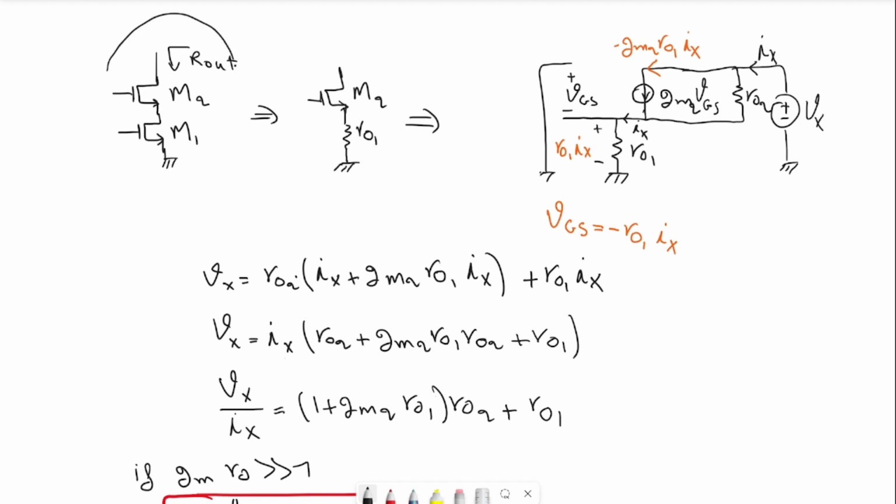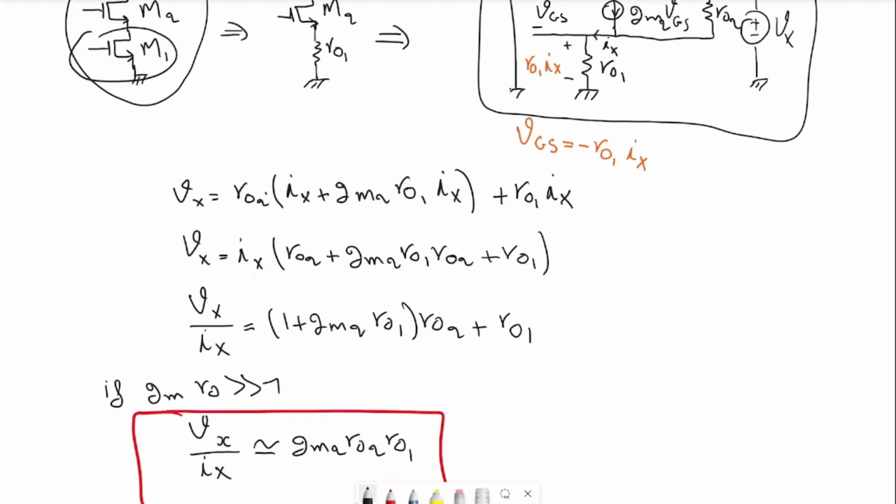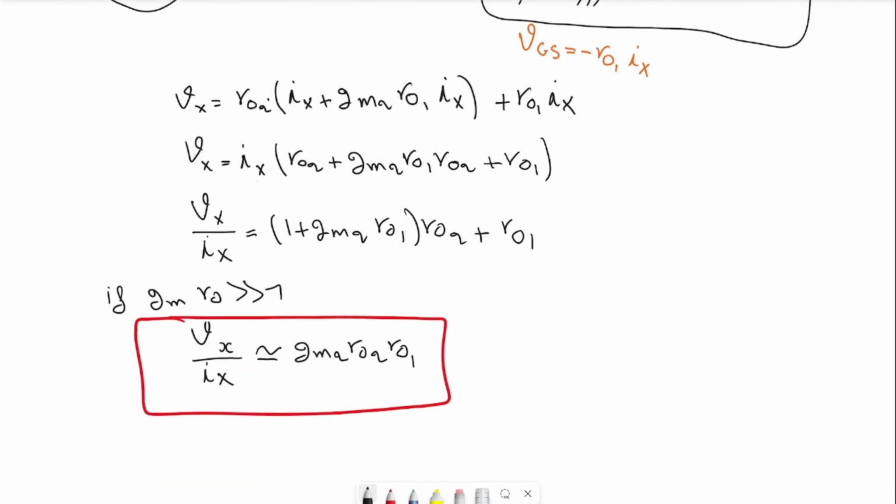If we take this circuit, we can consider M1 as a resistance, which is ro1, and take M2, the transistor linked with the output, as the main transistor. This is the pi model of a degenerated common source, so we get its output impedance.